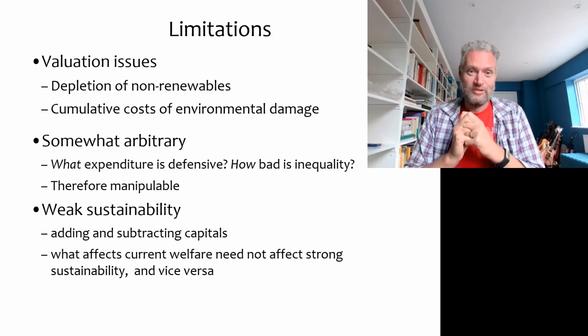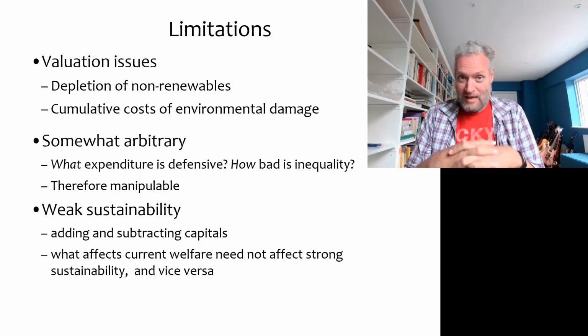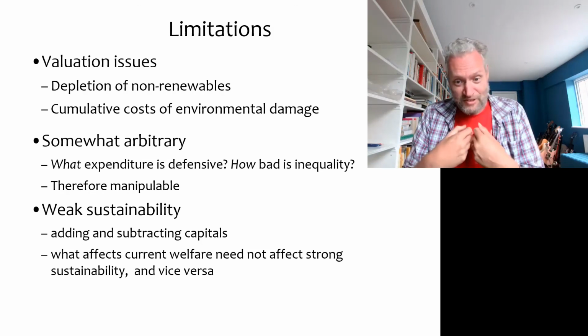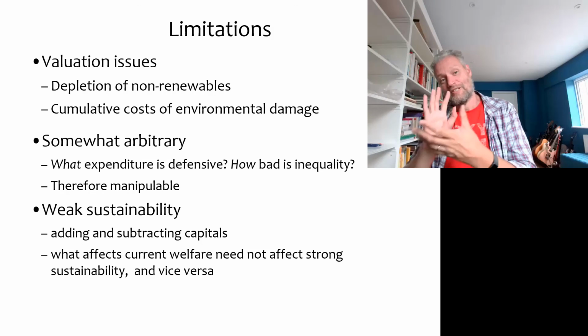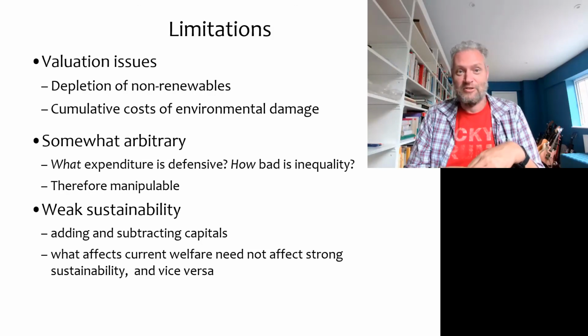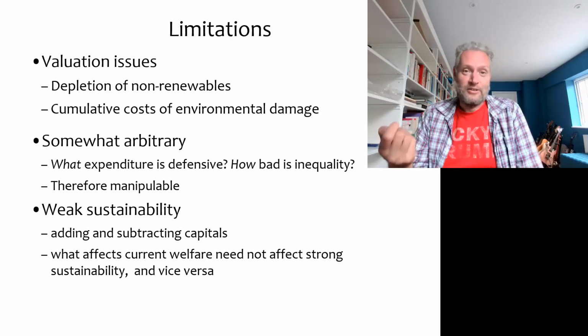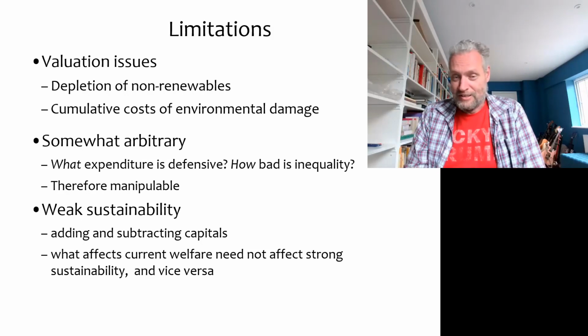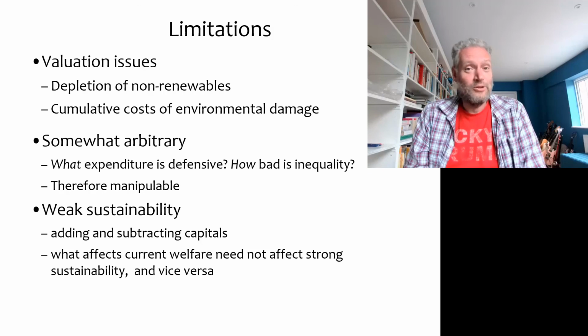And that is an important thing to realize, that that is what this is. And that immediately implies that if you're really interested in strong sustainability and you're interested in the state of the environment per se, not as what it delivers to humans, then you actually cannot use these particular measures, because they simply do not measure what you think should be measured.